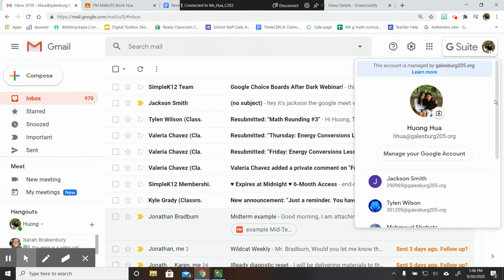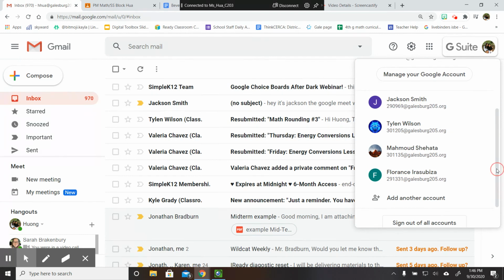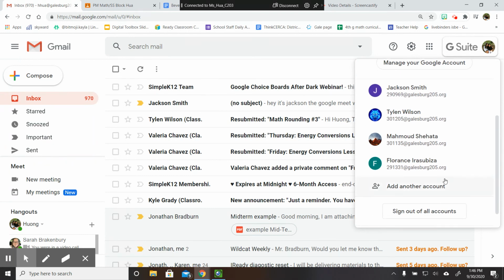Go open up a new tab. Is your sister there? Is Holly there to help you? Okay, go into open up a new tab. Go into your sister's account and go Jackson. You see, I even have Jackson on my account. Look at that. Okay, so Jackson, go add another account. Got it? I click her account and then add another account. Yep. You go click her account right there and then add another account at the bottom.